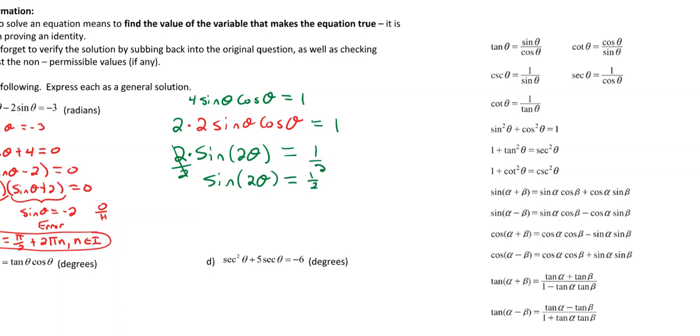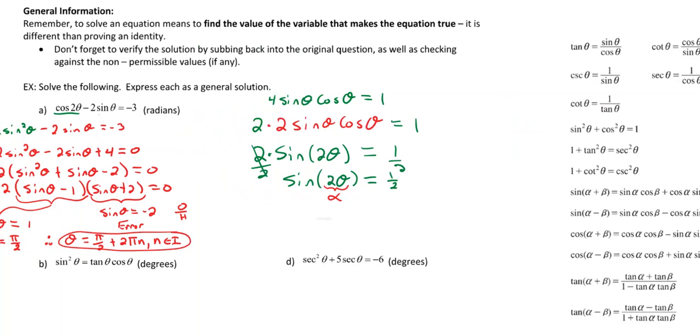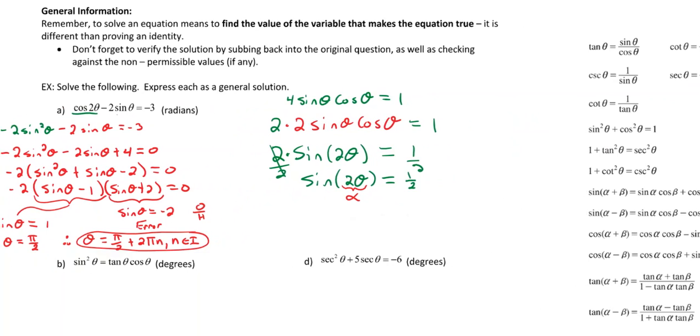Okay, and now the way to handle this is, just picture for a second that this is one thing, right? We're saying sine of an angle. Just don't worry about the 2 for a second. So this is like big theta, or maybe x or alpha or something like that. Okay, now just do it like normal. Where is sine of alpha equal to a half? Okay, well that was actually the same as the last one, wasn't it? Oh no, that was the one I did above.